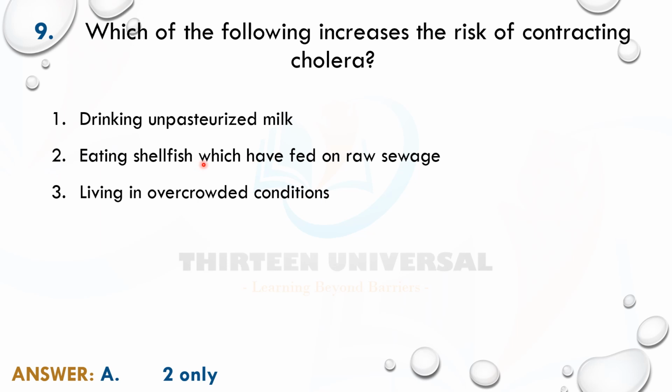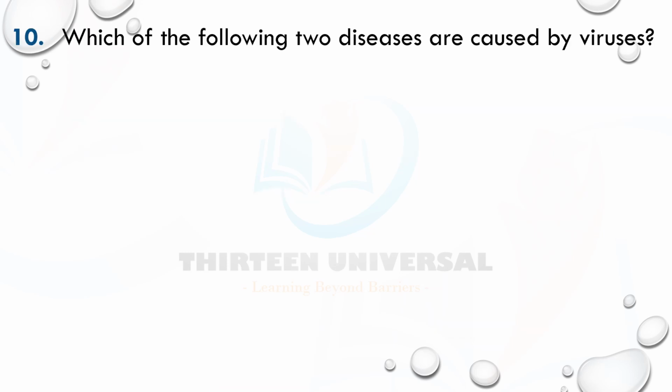Eating shellfish which have been fed on raw sewage can transmit cholera. Untreated sewage transmits cholera, so 2 is cholera. Living in overcrowded conditions is for tuberculosis. 1 and 3 are for tuberculosis or measles. So 2 only is for cholera. The answer is A.